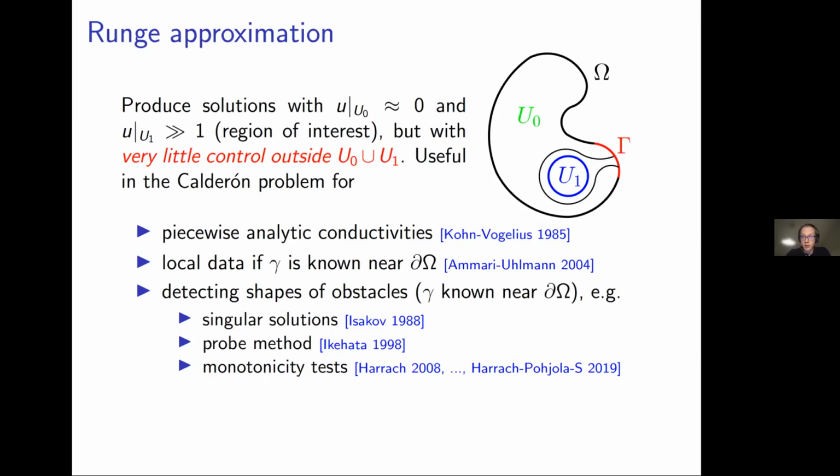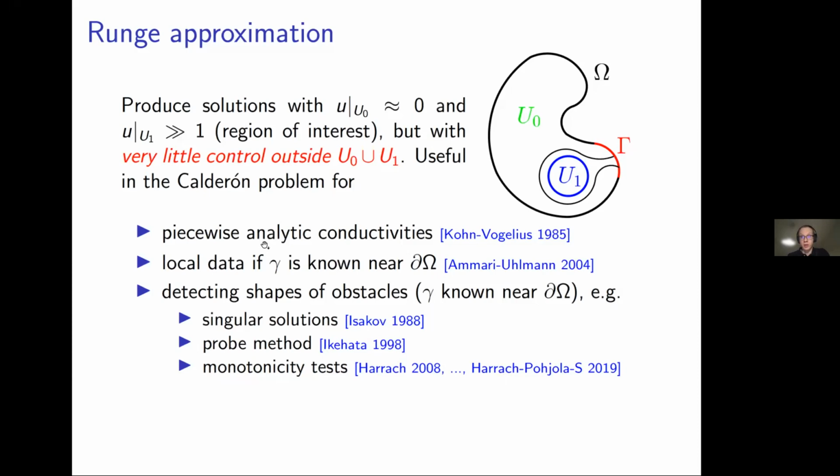But still, you can use these in inverse problems, for instance, in the Calderon problem, if somehow you already happen to know the conductivity coefficient in this set where you cannot control the solution. For instance, if you a priori know the conductivity near the boundary, or if the conductivity is real analytic or piecewise analytic, then that's also fine.